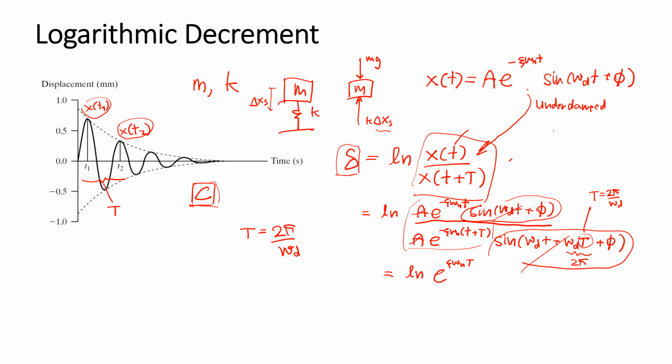Because t is the same, this divided by this, you can get this one. And the log function of the exponential. Finally, what we get is the logarithmic decrement is equal to psi omega n T.